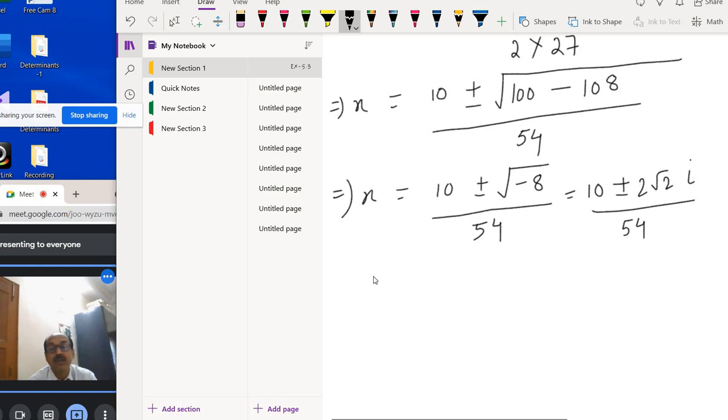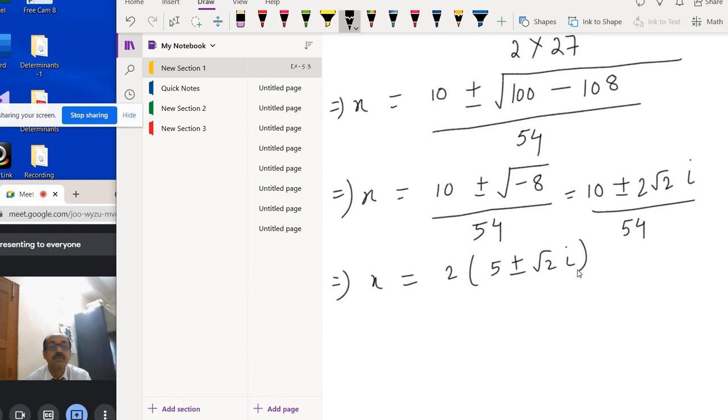Okay, now 2 common, x equal to 2 is common, so 5 plus minus root 2 i by 27, then 2 into 27 is 54.